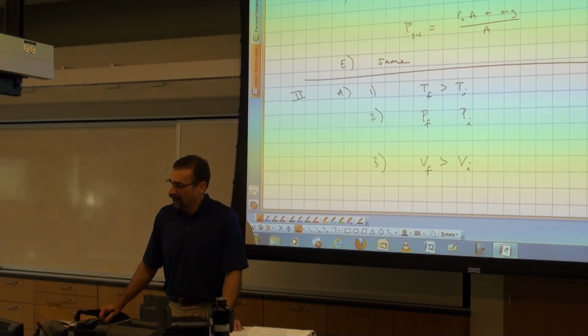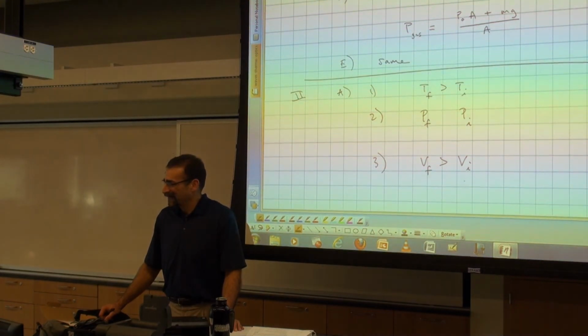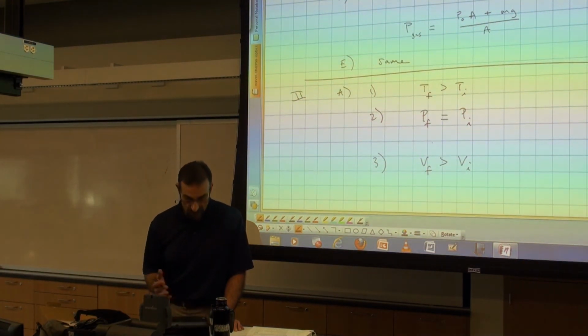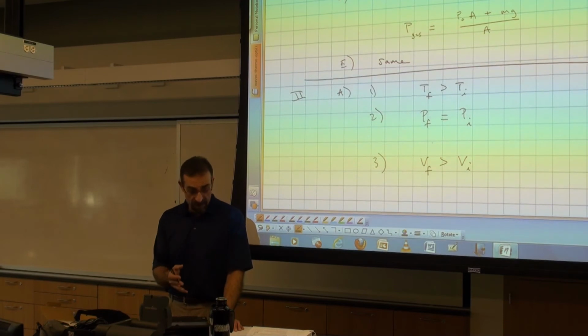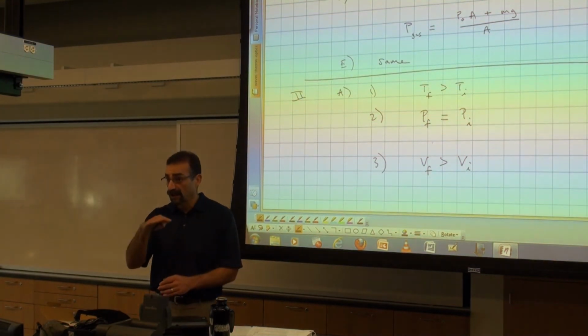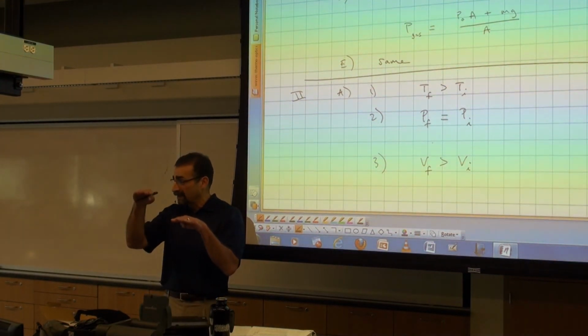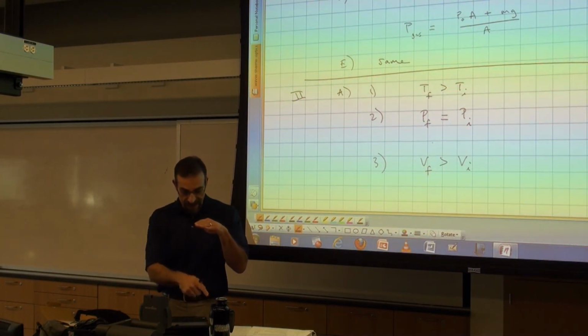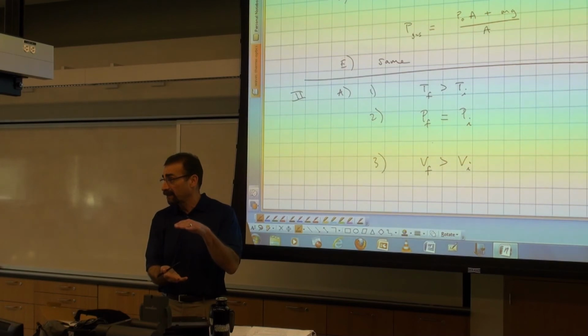So what sign should I put in here? P final is equal to P initial. Because what we end up with is the same as what we had in the previous question, right? One cylinder with the low piston, one cylinder with the high piston. The one with the low piston, that's what this gas is like when it's in the ice bath.